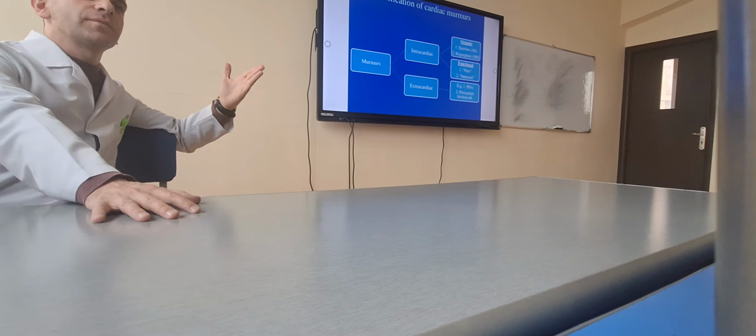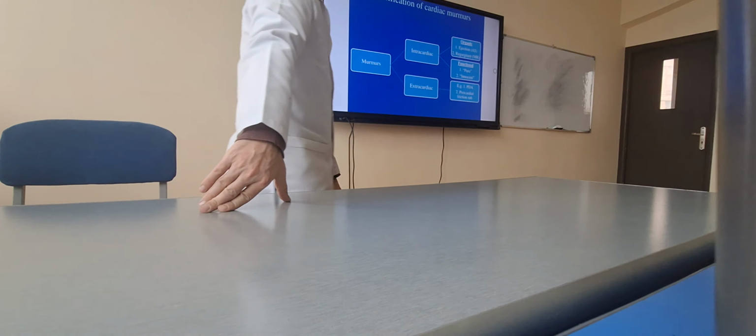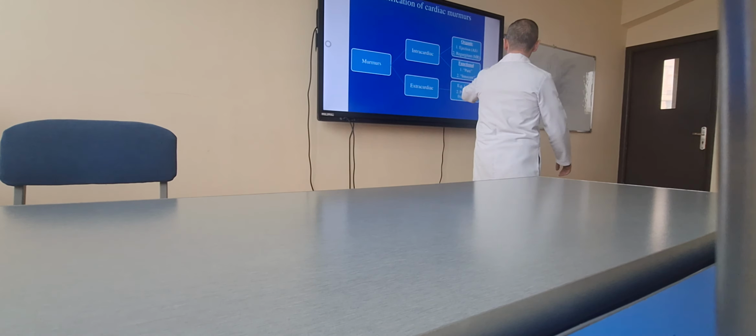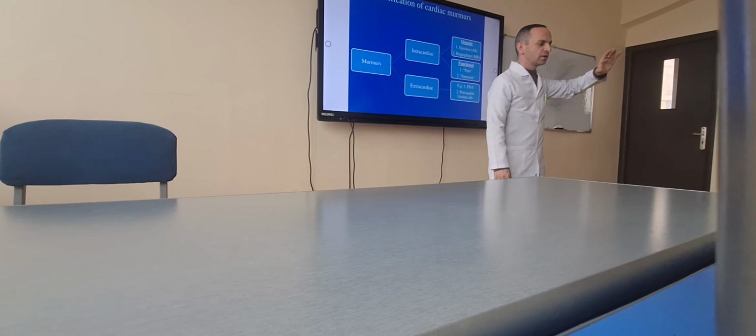For example, in anemia. Anemia is a classical innocent murmur, a functional murmur. The heart structure is not impaired. But anemia may be even so severe that the patient may die. So itself it's not an innocent thing at all.